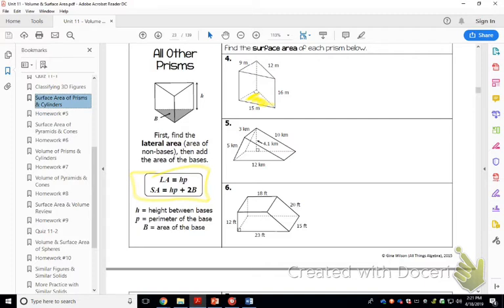All right, so let's do lateral area. So the height, the distance between the two triangles, 16, times the perimeter. On these, you guys, you remember that the bases are exactly the same. So that means their dimensions are exactly the same.